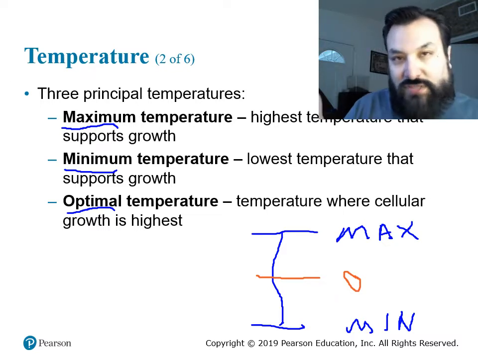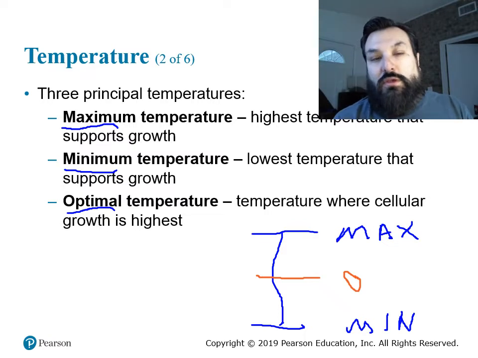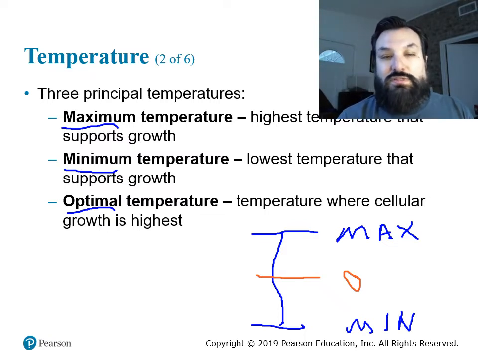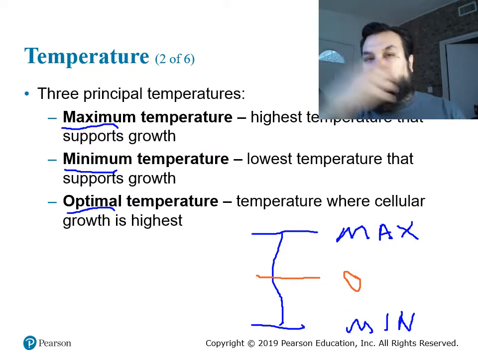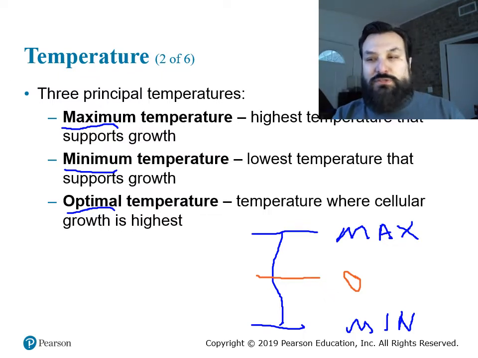Now, if we were scientists and we found a new organism that we weren't sure of, and we wanted to test what temperature is best for growing that organism, we would test organism growth at different temperatures. So let's say we put it on a petri dish or a media plate and put it in the 35-degree incubator, and we would leave one out in the lab at about 25 or 30 degrees.